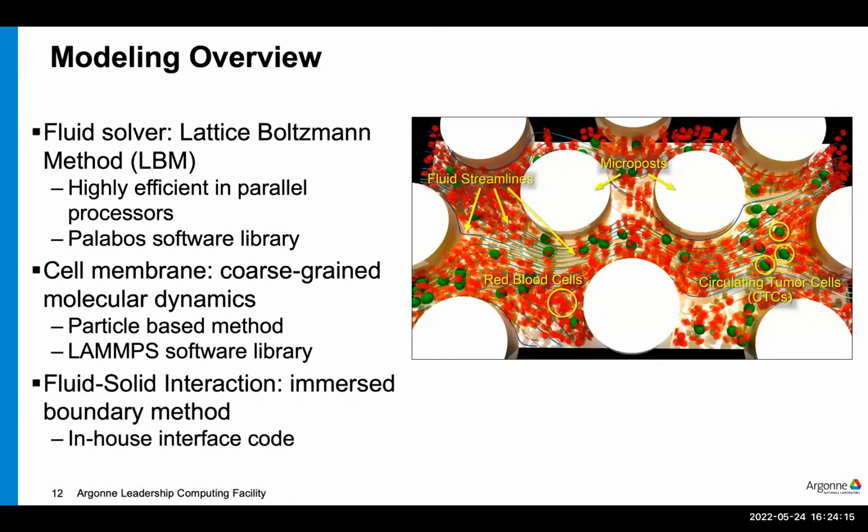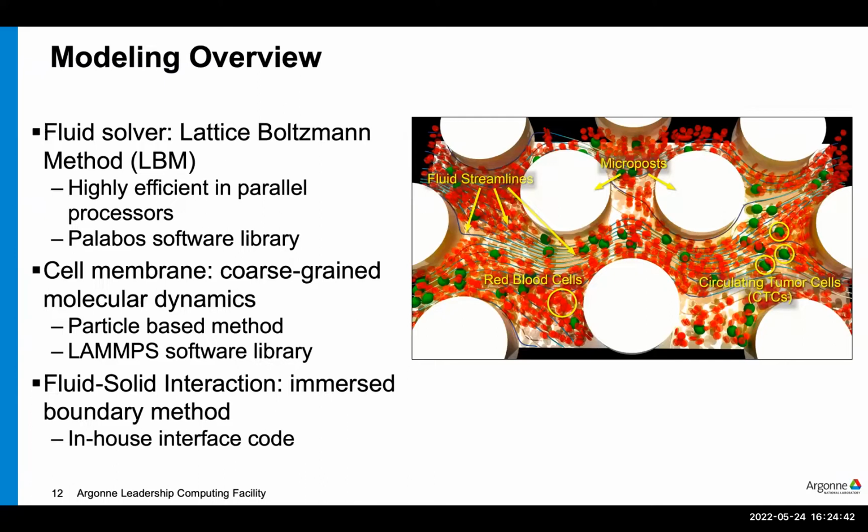So in this case, computational modeling relies on modeling both the fluid and the solid, as well as their interactions with each other. And so the fluid was modeled using the lattice-Boltzmann method, for which we leveraged Palabos as the software library used there. And here the streamlines show the path of that flow in the image.